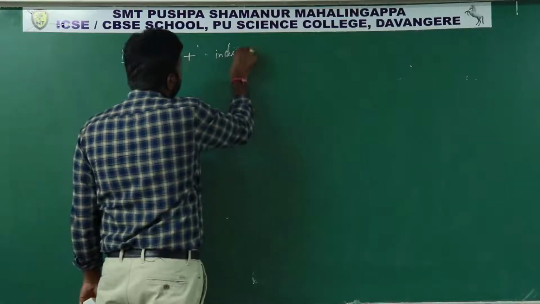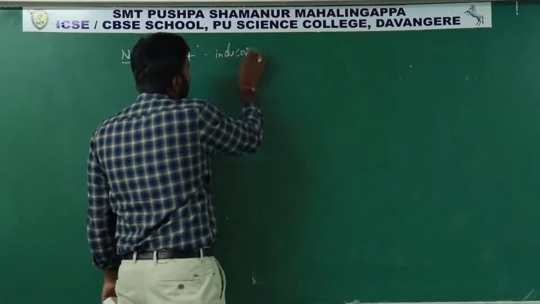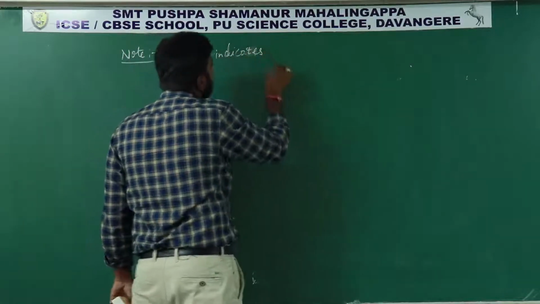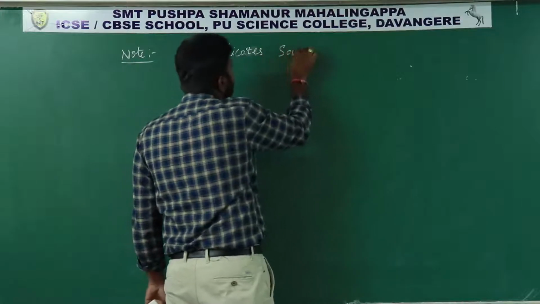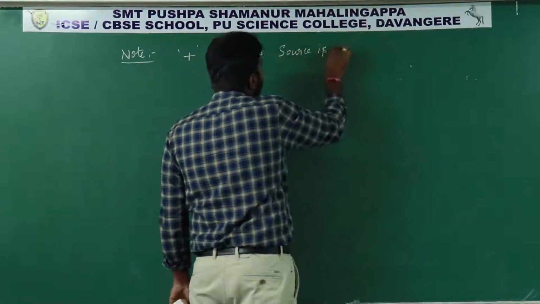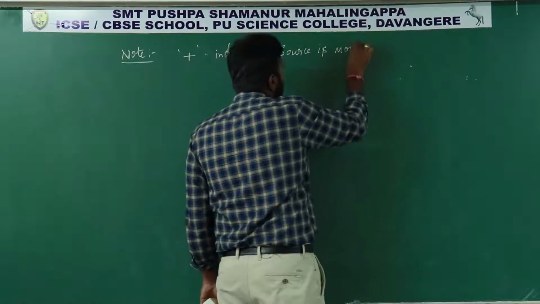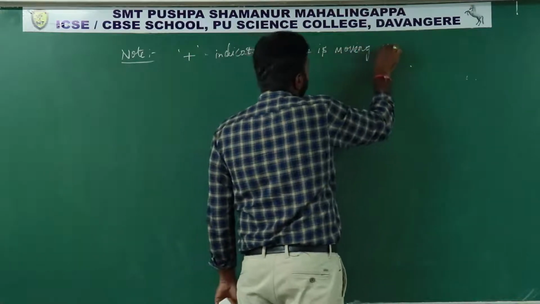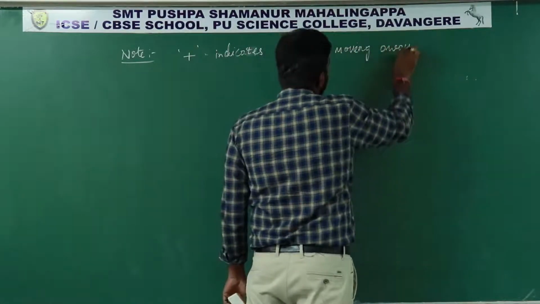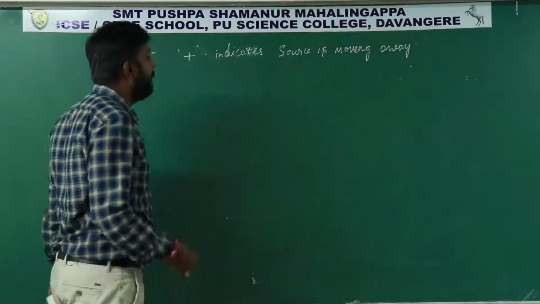indicates the source is moving away. Positive indicates the source is moving away from the observer.